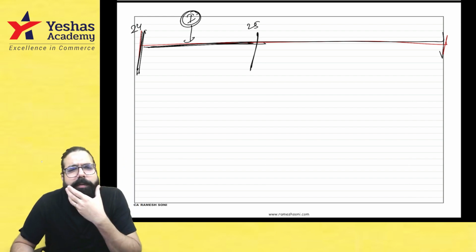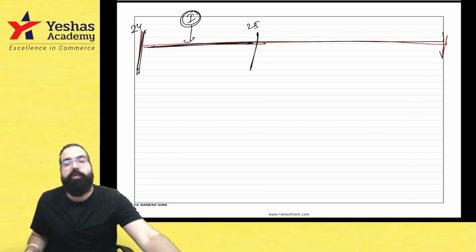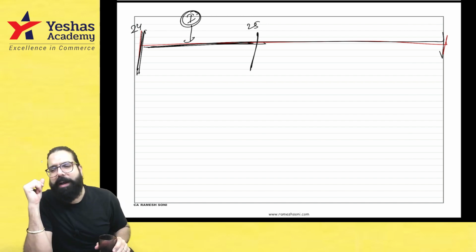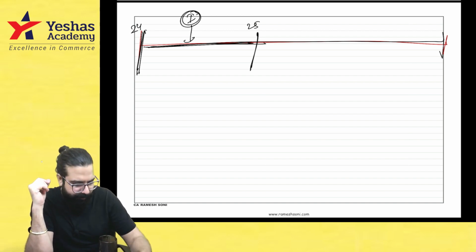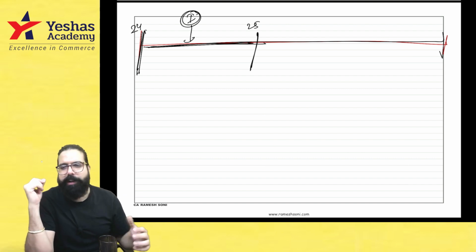Sir, what is the maximum time limit to take the credit? Can students comment and tell me what is the maximum time limit to take the credit with respect to an invoice?